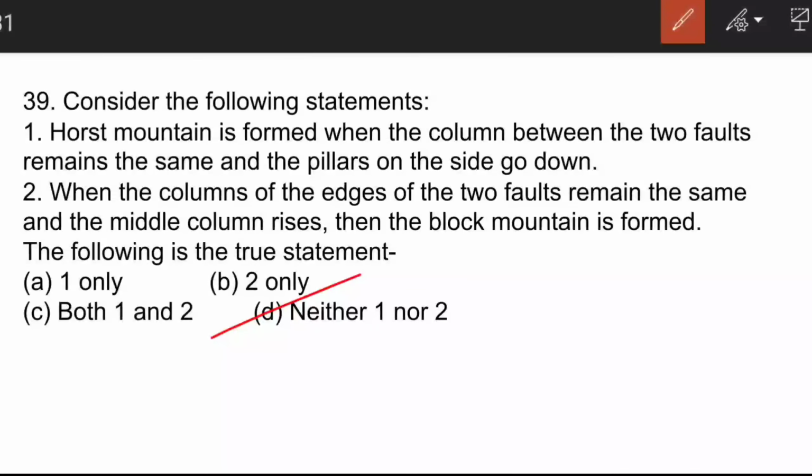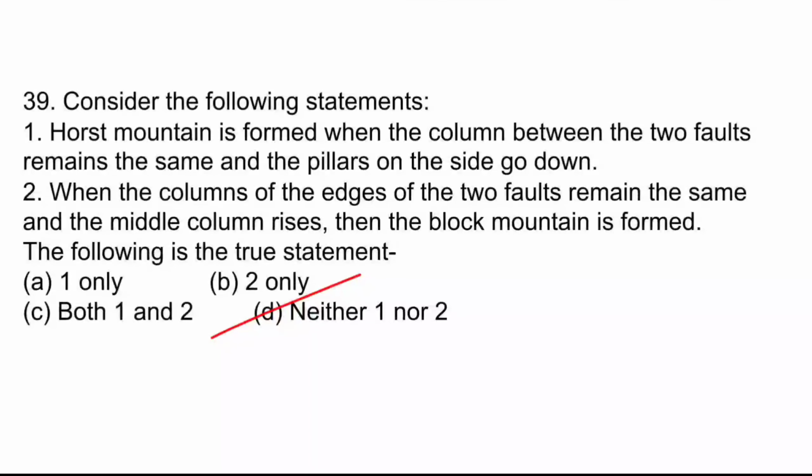Horst mountain is formed when the two sides of a block of a fault remain at their places, but the middle block rises along the fault. On the other hand, when the middle portion remains in place and the other sides move downward, it is known as block mountain. We have an example of block mountain in India like the Satpura mountains. Internationally, we have Black Forest and Vosges in Germany, Sierra Nevada in the USA, Salt Range in Pakistan.